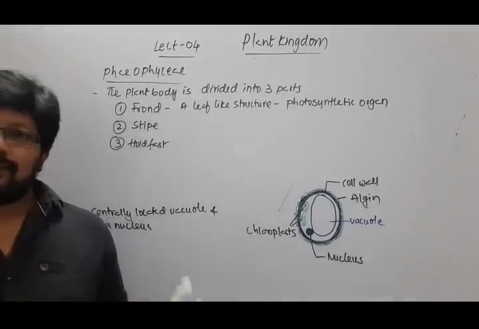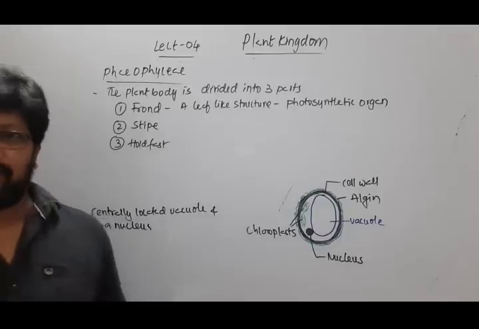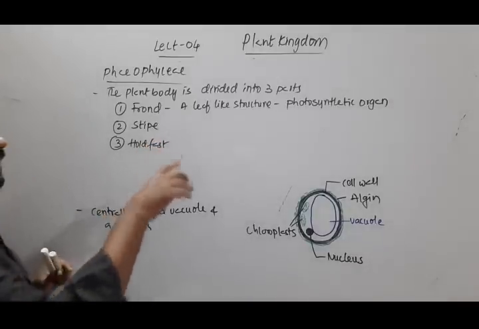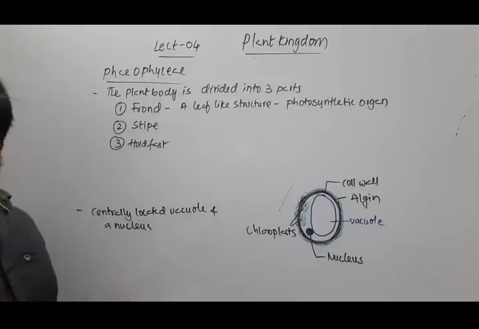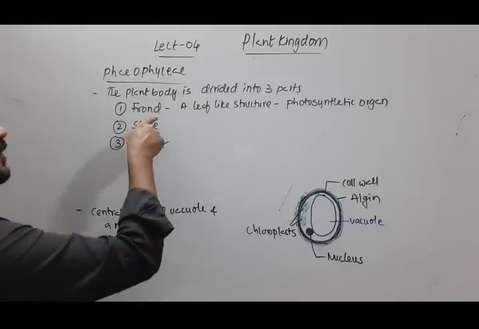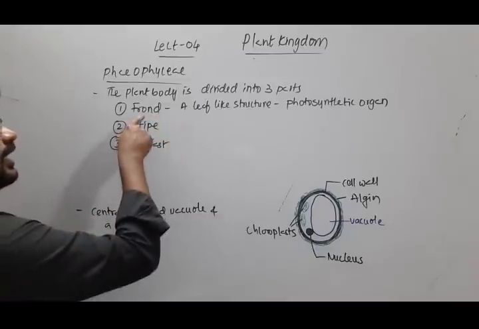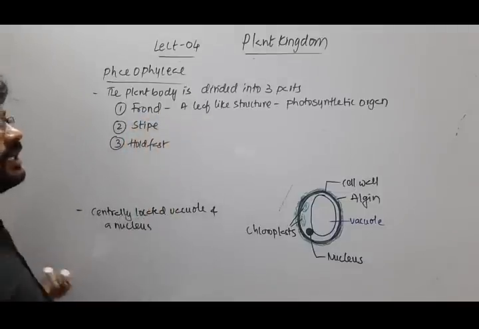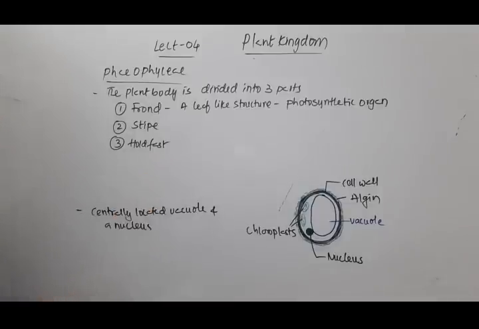The body organization is what we call thallus organization. We don't find those true parts of a plant as we see in angiosperms. So this leaf-like structure is not a true leaf. It is called the frond, and it performs photosynthesis, hence I called it a photosynthetic organ.